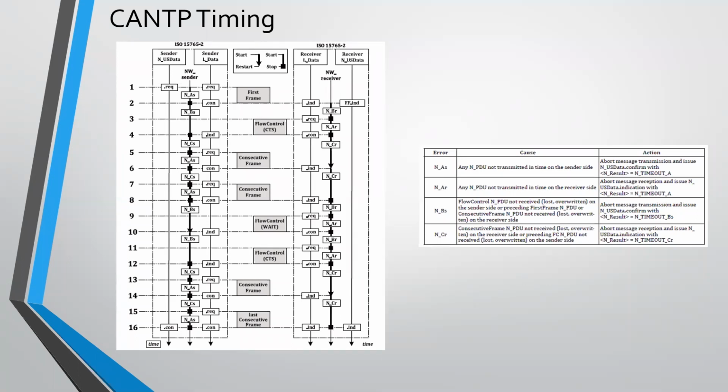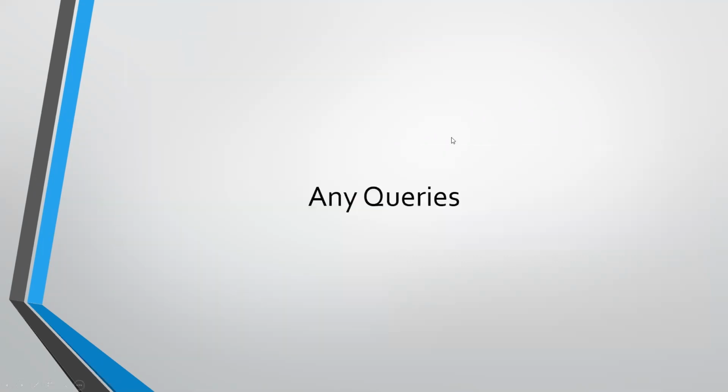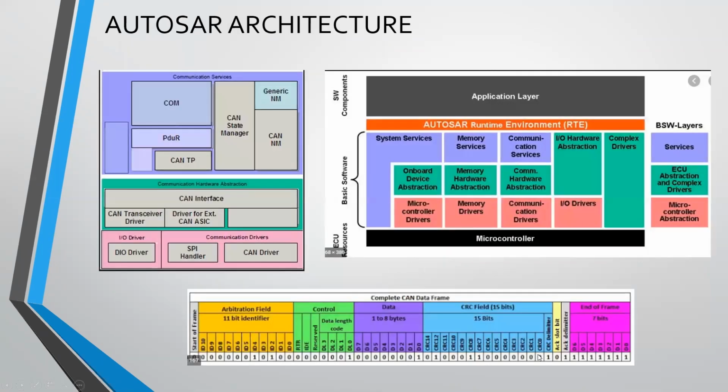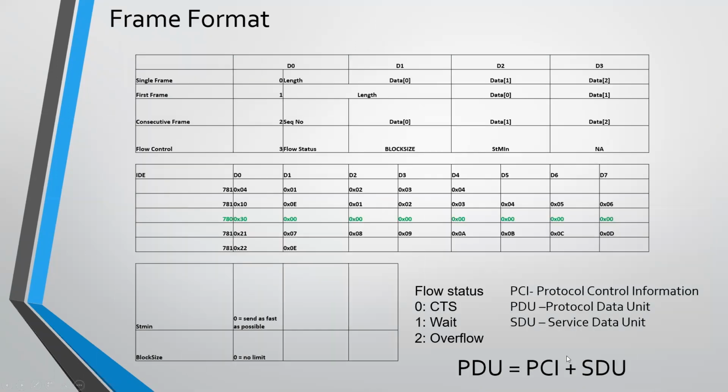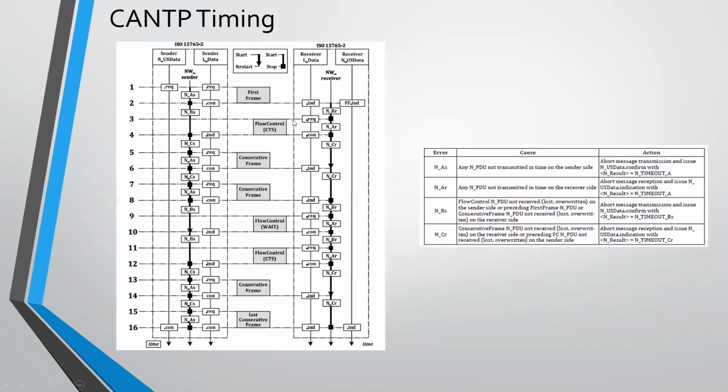Whenever you are sending some data, you are sending the first frame. As we have just seen in CAN, whenever you are sending something, you are getting the acknowledgement. So if you are sending the first frame, it will check how much time it takes until it has got the acknowledgement.